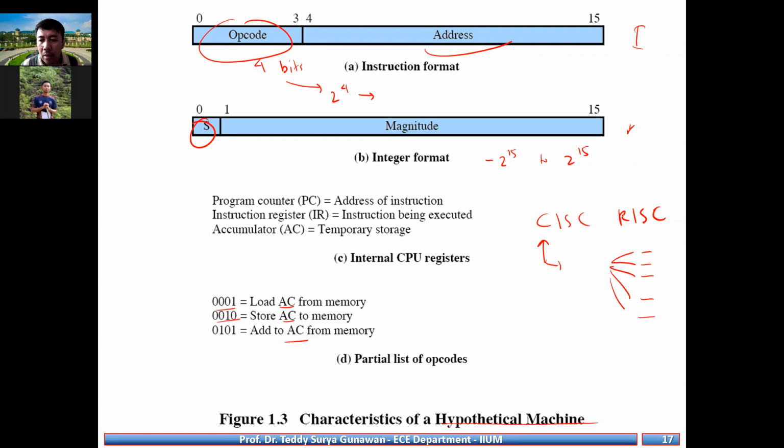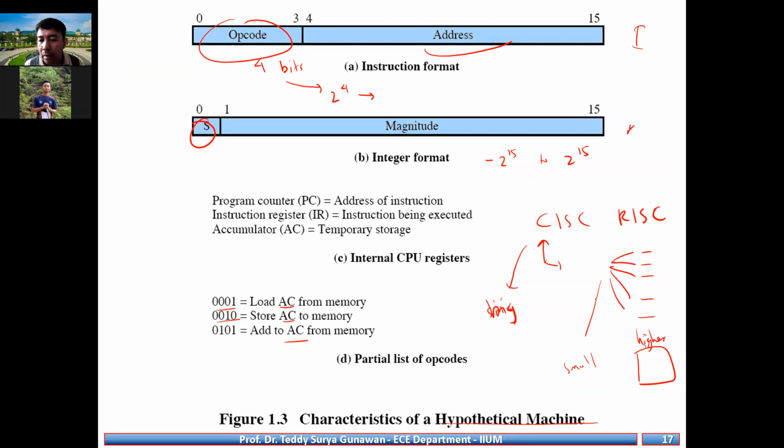Make it simple. Then what will happen? The die size of CISC is big because of the instruction set, and the die size of RISC will be small, so they can compensate with higher memory. With high memory, you don't need to go out to the end, so it will be faster, depending on your optimization and so on.